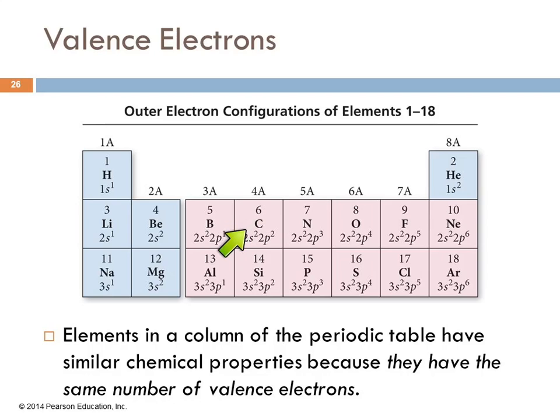So we're going to count the electrons in the second level. For silicon, it's 3. So the reason that elements in these columns have similar properties is because they have the same number of valence electrons. But Mendeleev predicted this when they didn't even really know what electrons were, much less how they were arranged.